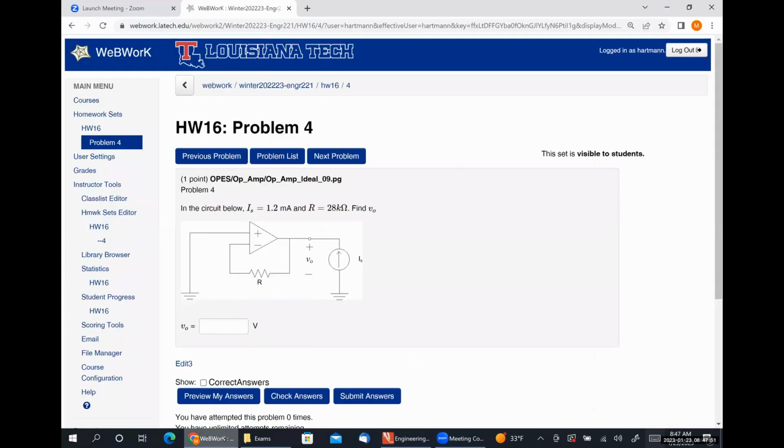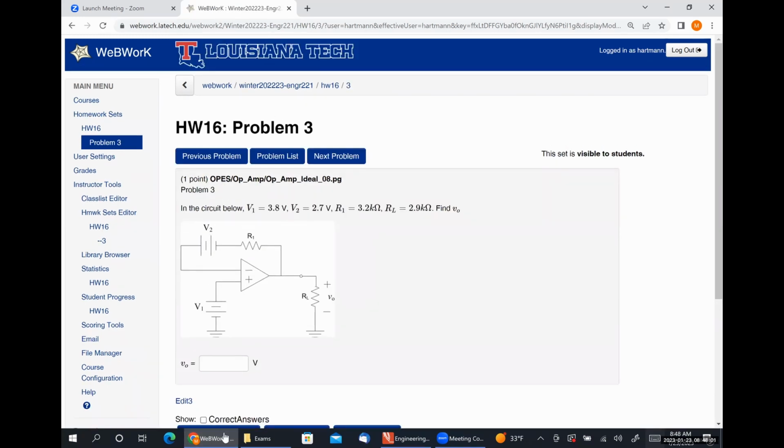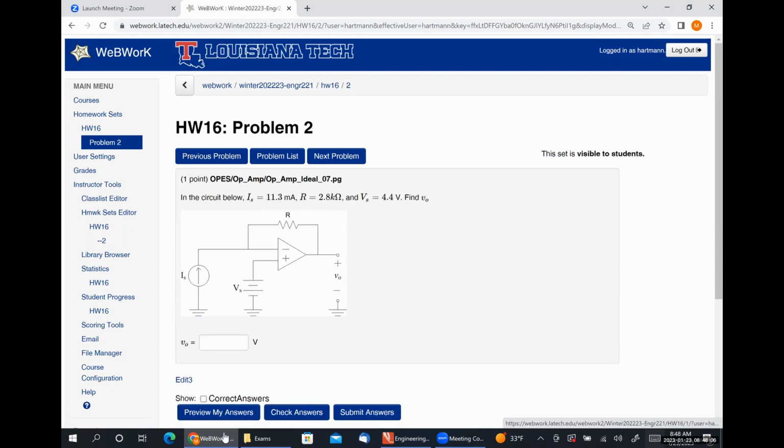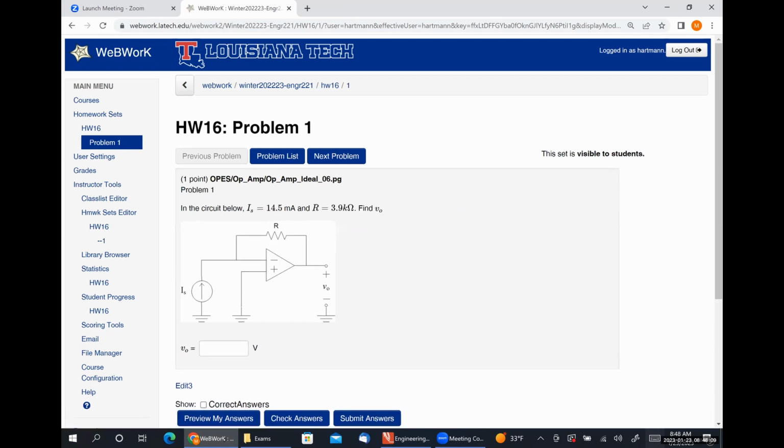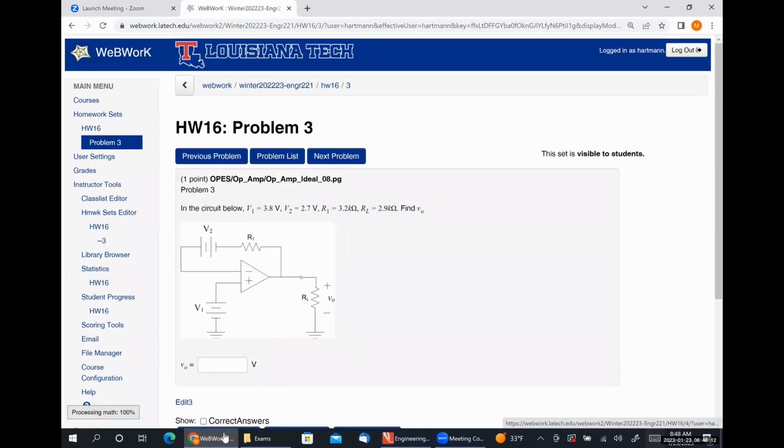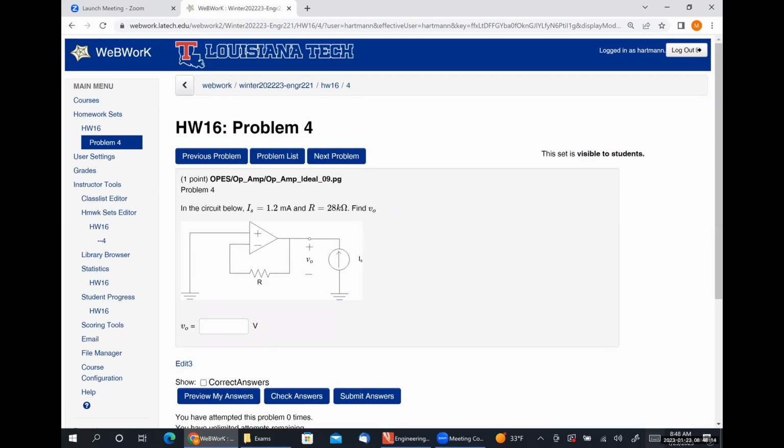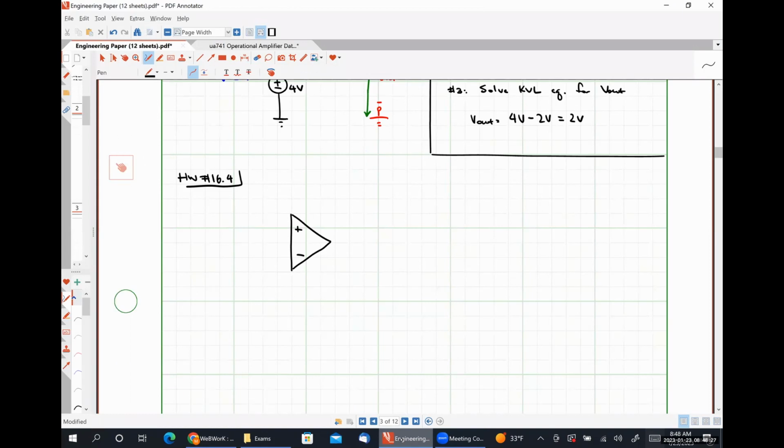I want you guys to notice here that the terminals on the op-amp have been flipped from all of our previous examples. In the previous problems, our inverting input terminal was on top in all instances. In problem number 4, our inverting input terminal is on bottom. That does not in any way, shape, or form change how the circuit is going to behave. I just want to be clear about that. It's just drawn slightly differently.